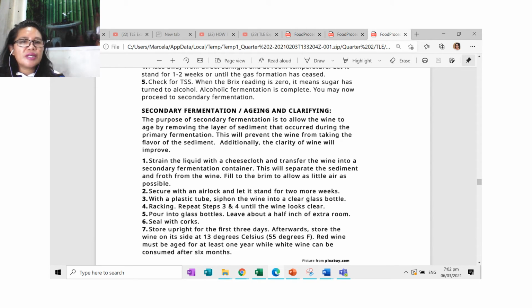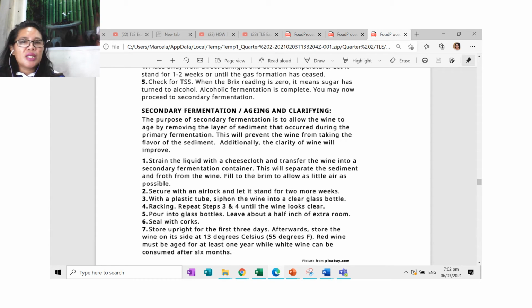So, secondary fermentation, or aging and clarifying. The purpose of secondary fermentation is to allow the wine to age by removing the layer of sediment that occurred during the primary fermentation. This will prevent the wine from taking the flavor from the sediment.